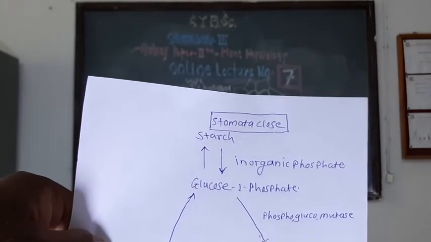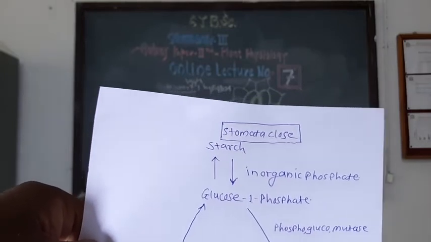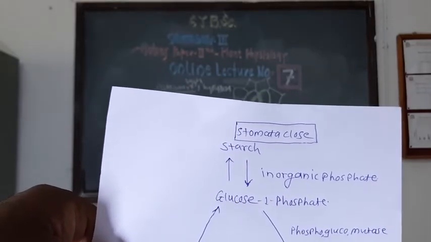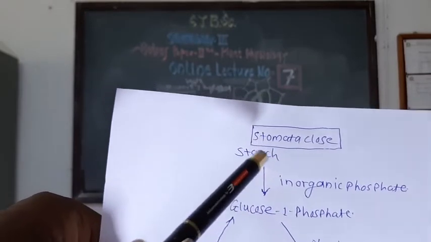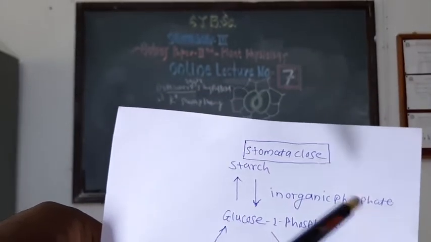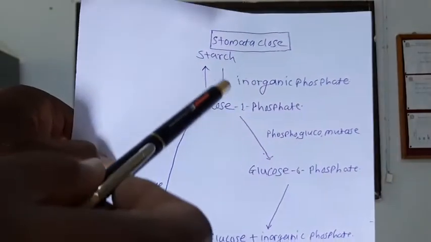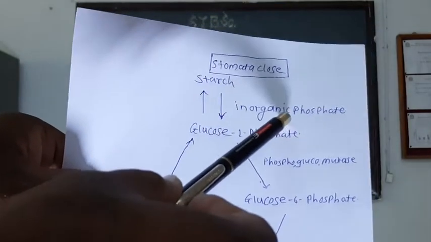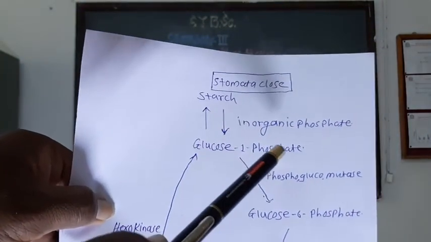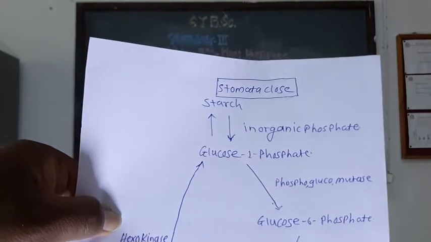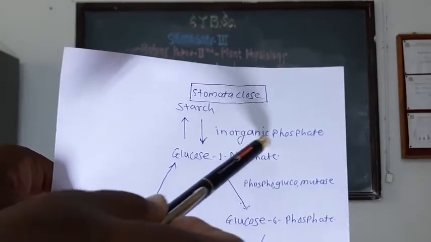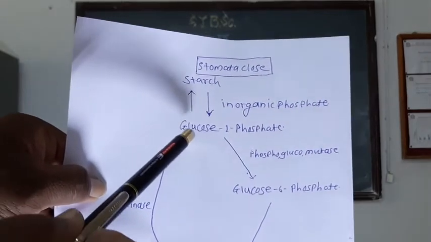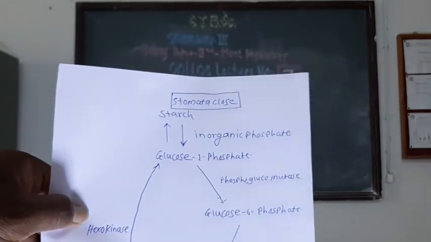But during daytime, such starch combines with inorganic phosphate and forms glucose 1-phosphate. Understand? During daytime, starch combines with inorganic phosphate and forms glucose 1-phosphate.